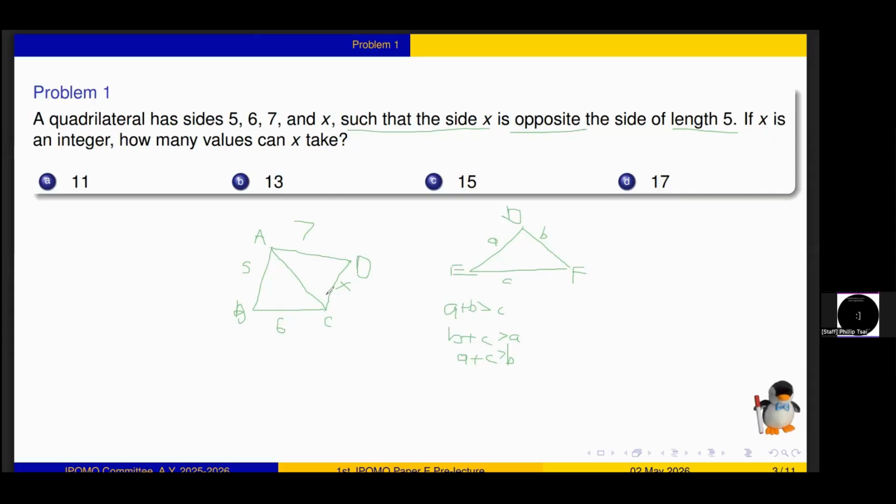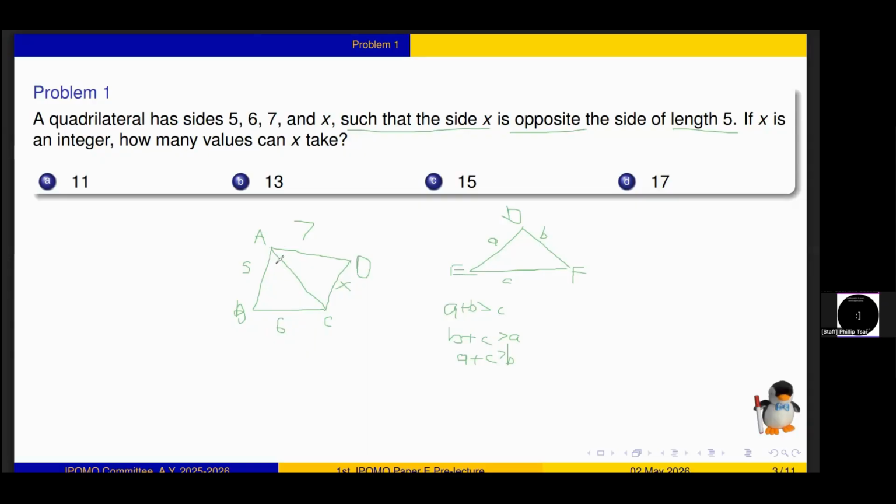Yeah, actually, you're right. We can find the possible values of AC, and that in turn restricts x, which is CB, because we can use a triangle inequality to bound x.